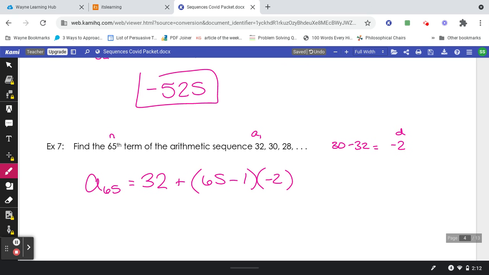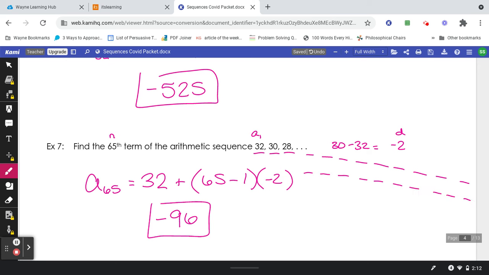Type it into the calculator to get negative 96, which again, remember, if you made 65 of those lines and kept going, when you got to the 65th one, you would know it would be negative 96. So a lot shorter to use the formula than to write out 65 terms.